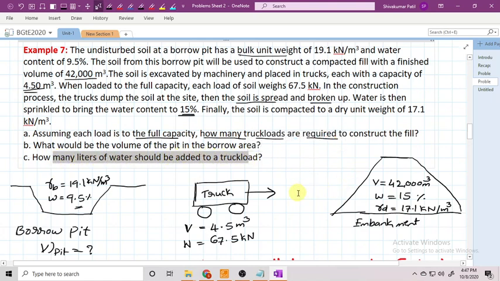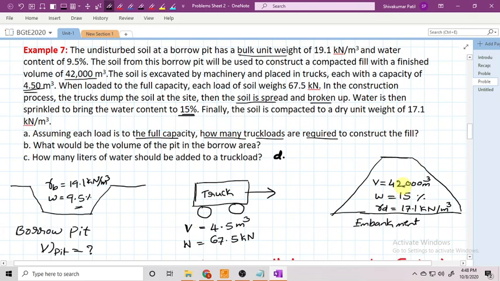Suppose if you want to find out one more, if I want to add D here: what is the total liters of water to be added for the construction of the embankment? If I ask that, then number of truckloads multiplied by number of liters of water added per truckload will give you the total amount of water to be used in the construction of your embankment.